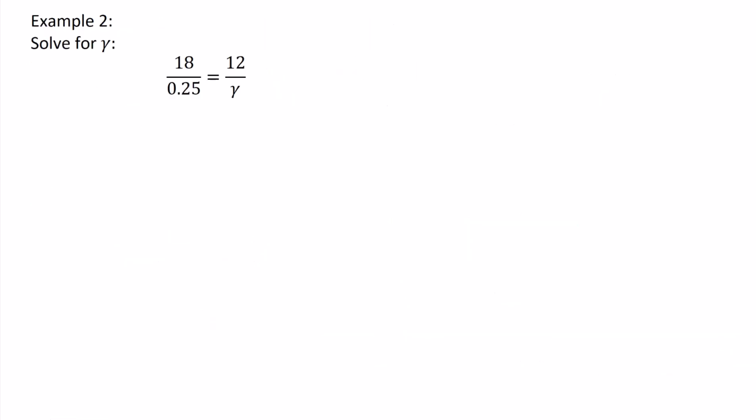In example 2, we have solve for gamma. And this one is 18 over 0.25 equals 12 over gamma. So I'm going to do the same thing I did previously. I'm going to look at the two denominators and use those as the factors to clear my fractions. So I'll multiply both sides of this equation by 0.25 gamma.